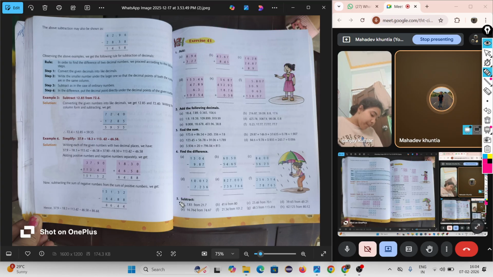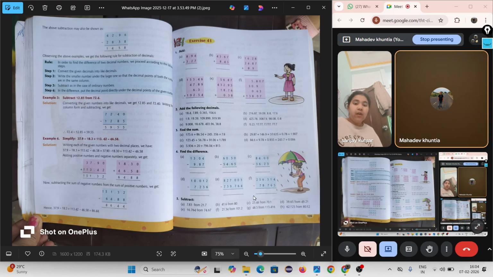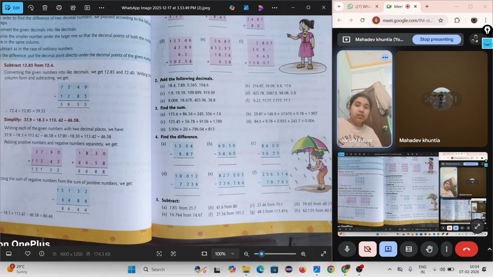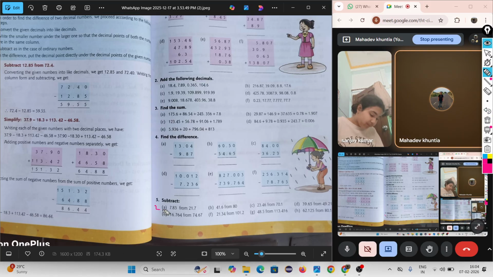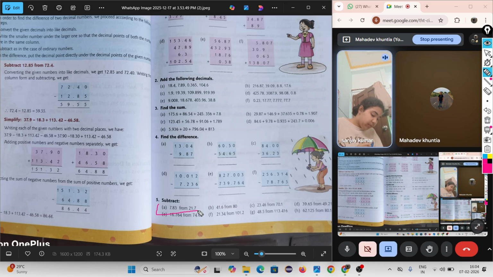Okay, then look at question number 5. What is the meaning of this? Can you explain to me? 7.83 minus 21.7. Which decimal is written first?